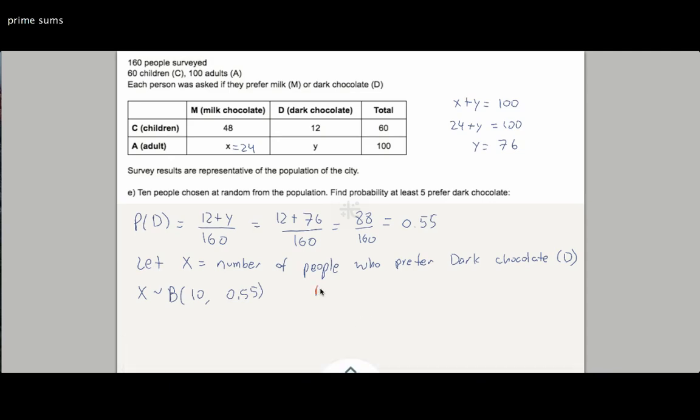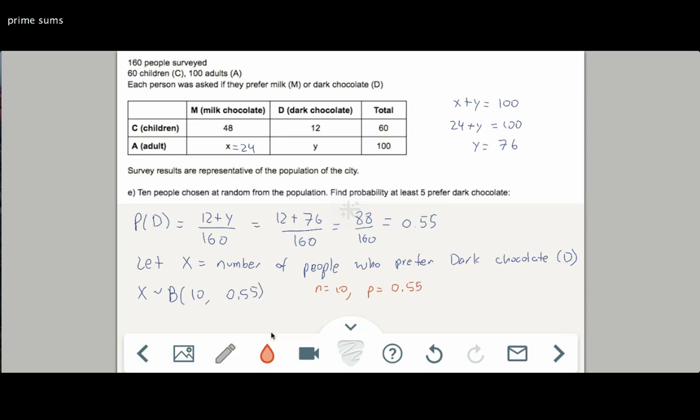So n, which is the number of trials, is 10, and lowercase p, the probability of success in each trial, is 0.55. And what we're looking for is the probability that at least 5 of them prefer dark chocolate, so the probability that X is greater than or equal to 5.